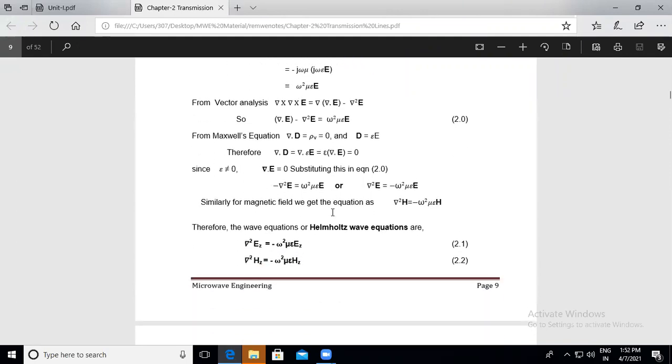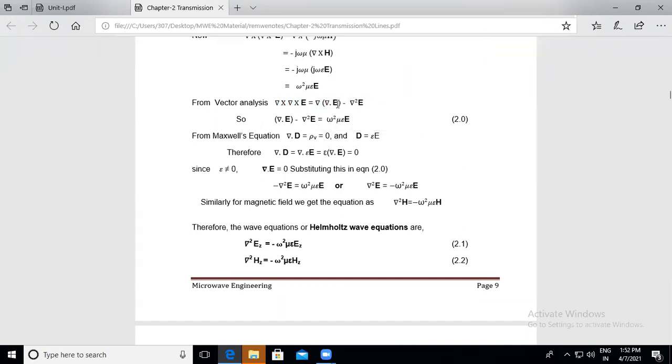From vector analysis in your EMTL subject, we have the expression del cross del cross E is equal to del of del dot E minus del square E. Substituting this in that equation, we get the final equation like this.